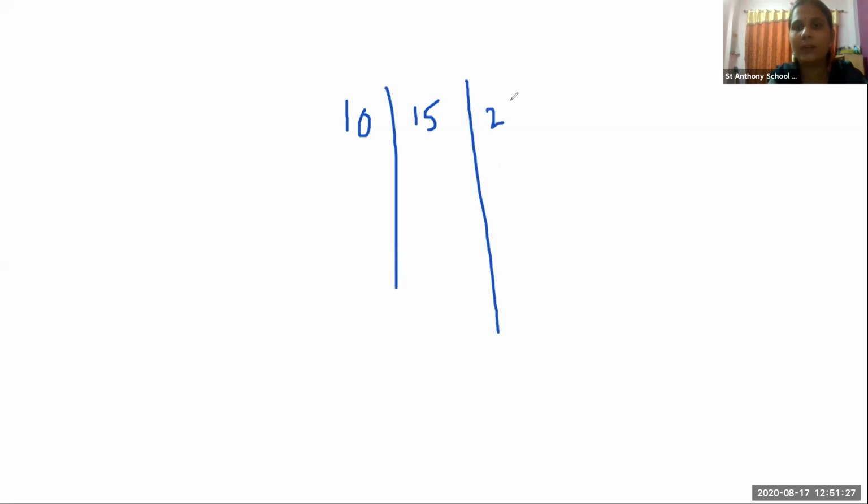We'll do it with 10, 15 and 20. Now, by which number will it divide first? 0 is there, so we'll divide by 2 first. So 2 5s are 10. 15 cannot be divided by 2, so it will remain as it is. Now 2 10s are 20.